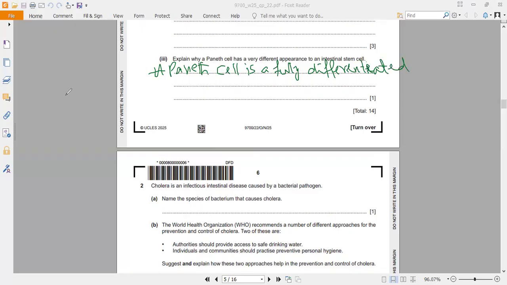A fully differentiated cell with a specific function.